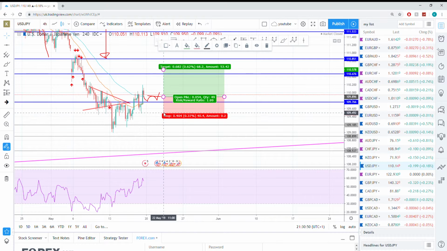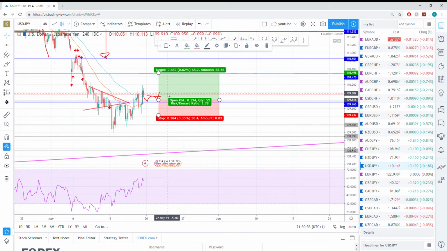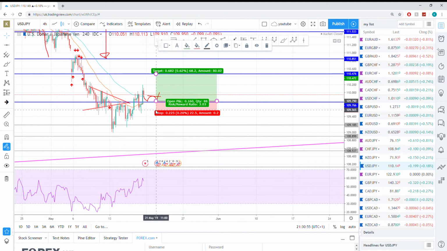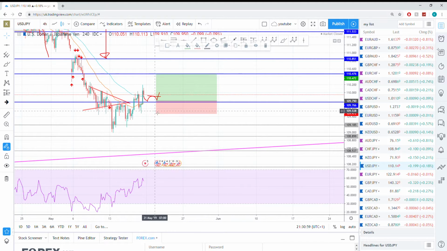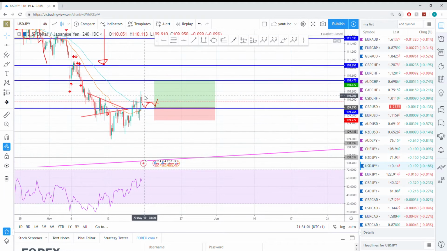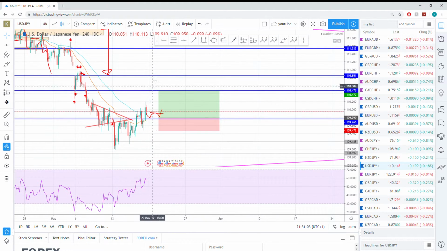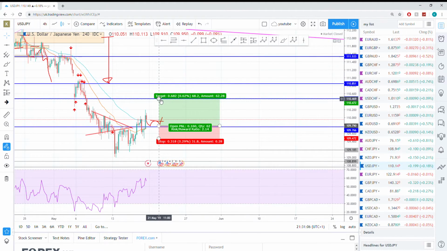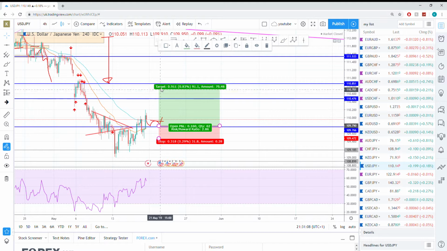Something along the lines of this, and obviously we could find support at any point, so you can always change it and manage your trade appropriately. Take profits would be this blue level here, this level here, and up here as well.